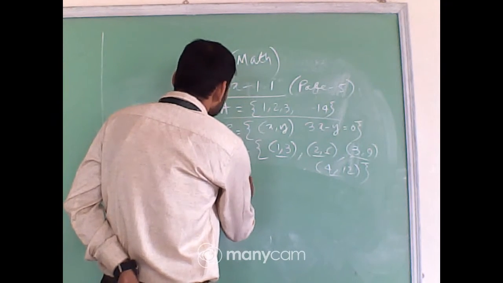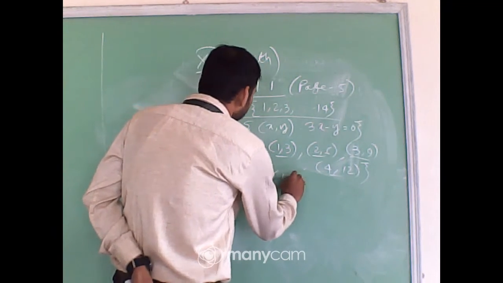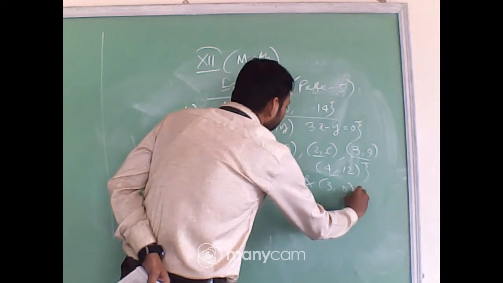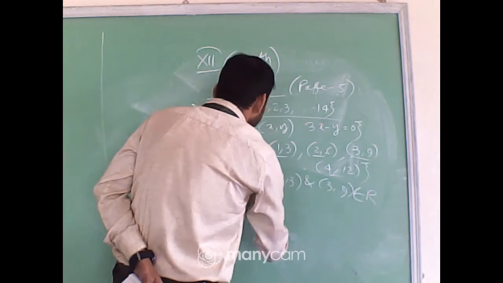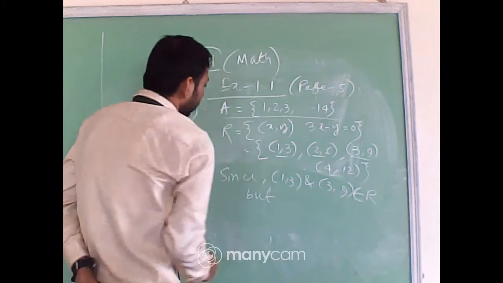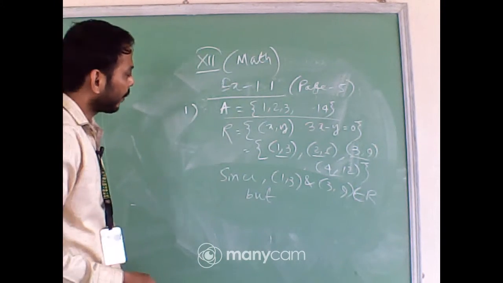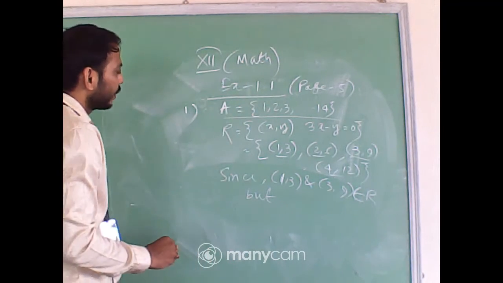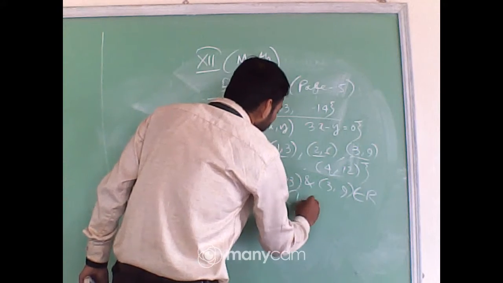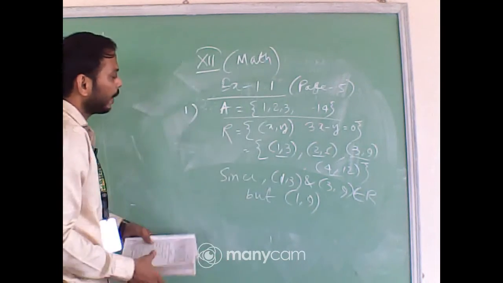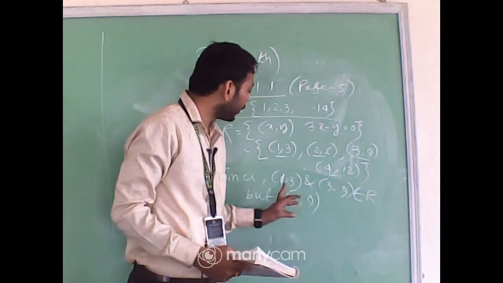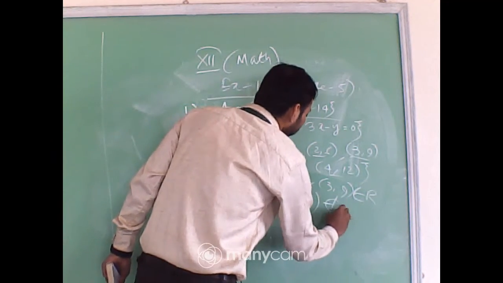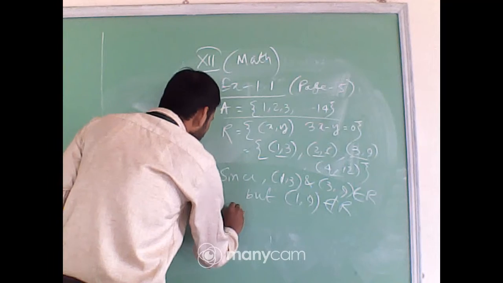Since 1, 3 and 3, 9 belong to R, combining these two, (a, b) and (b, c) give (a, c), you will get 1, 9. That does not belong to R. So R is not transitive.